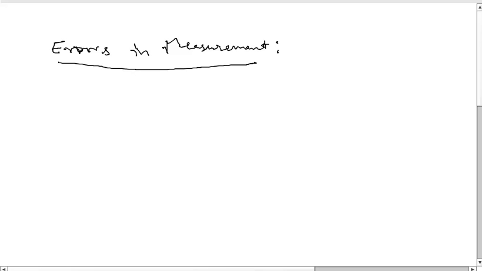Okay. So let us see what the errors are and how we calculate errors. Error is defined as, sometimes they may also ask a definition, the difference between the measured value and the true value.